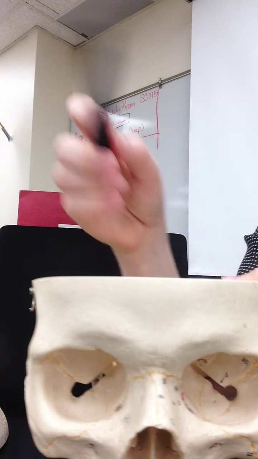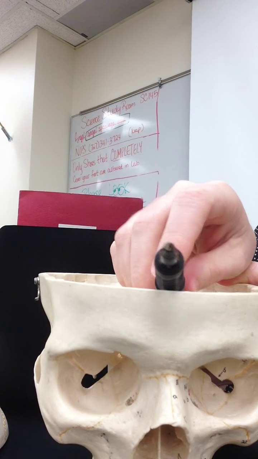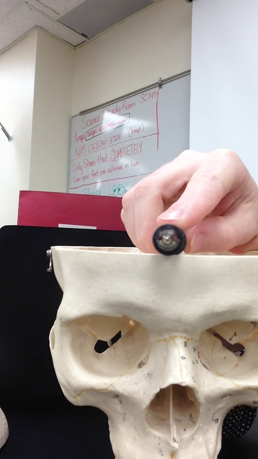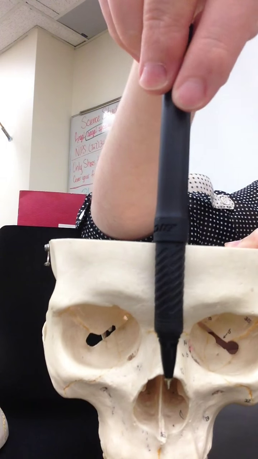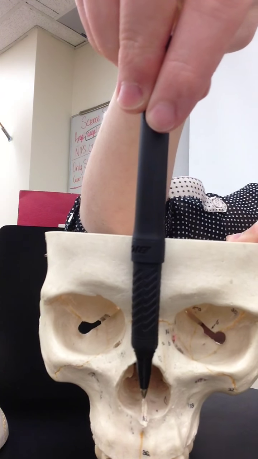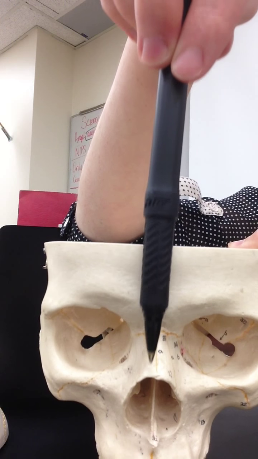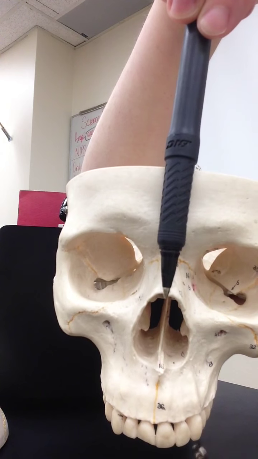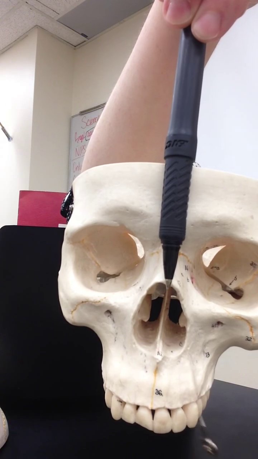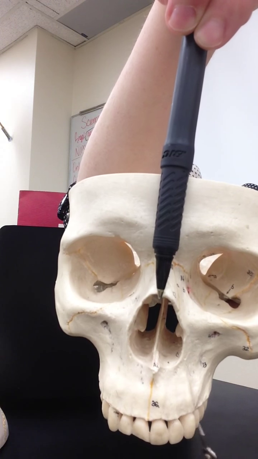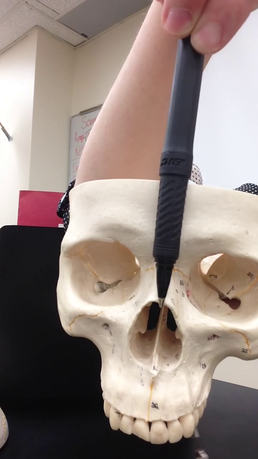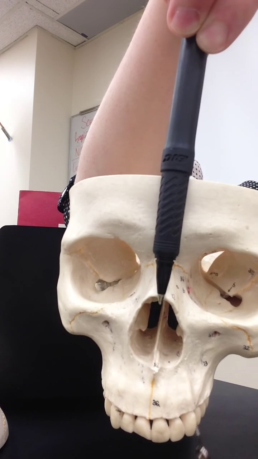So if I put the skull like this, my Crista Galli would be coming out of the screen at you. That means if I want to make a 90-degree angle, I have to go like this. So that perpendicular plate of the ethmoid bone runs down to the nose, and it provides the superior portion of your nasal septum.